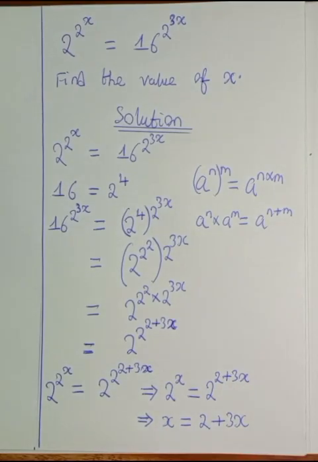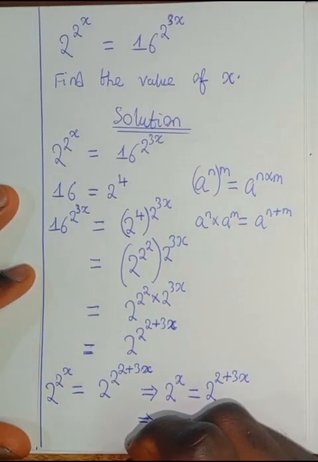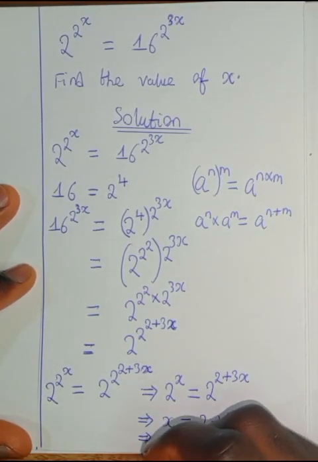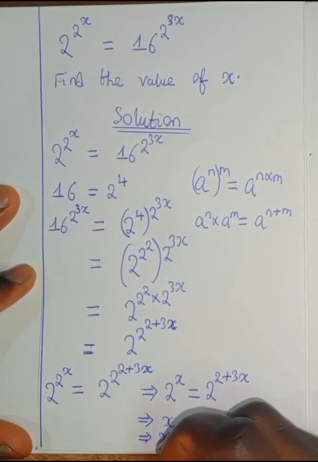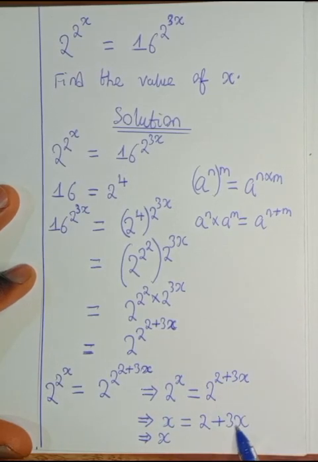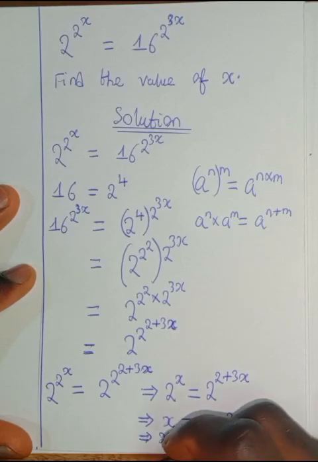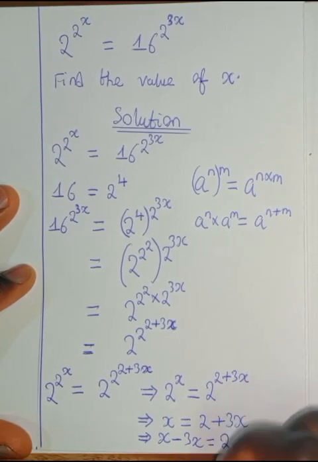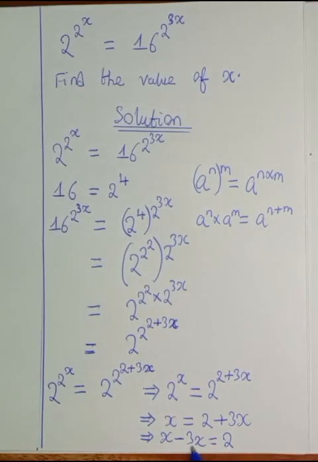Next step, we are going to make x the subject of formula. Then x, we are going to transfer 3x to the left hand side, which becomes negative. x minus 3x will be equal to 2. x minus 3x is equal to negative 2x.